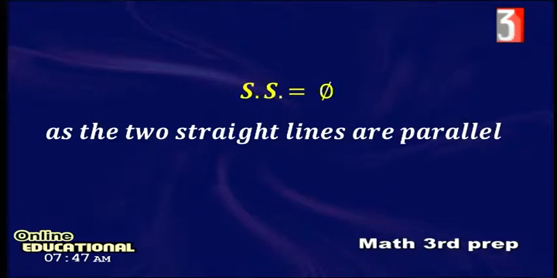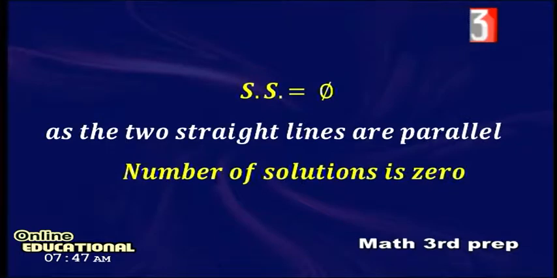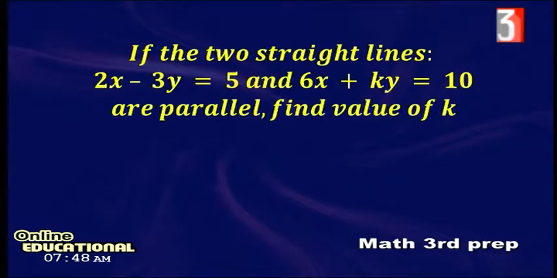And in this case, you are going to notice that there is a relation between the coefficients of x in both equations and the coefficients of y. How? Let us have an example. If the two straight lines, 2x minus 3y equals 5 and 6x plus ky equals 10, are parallel as in the previous example, find the value of k.